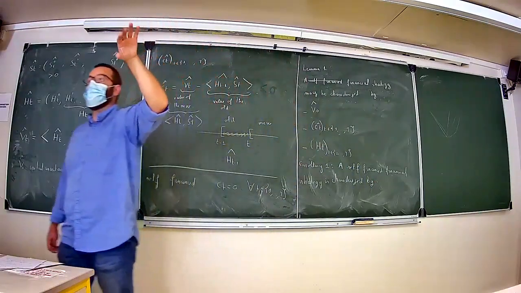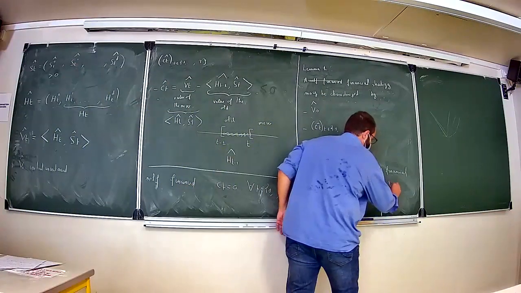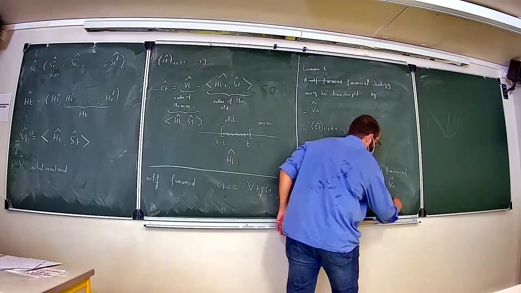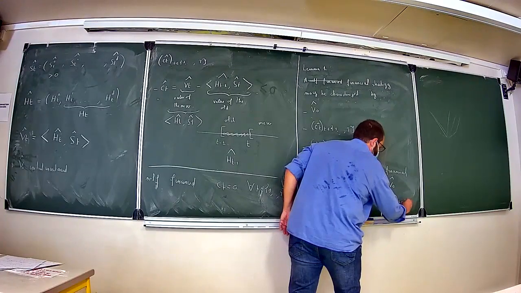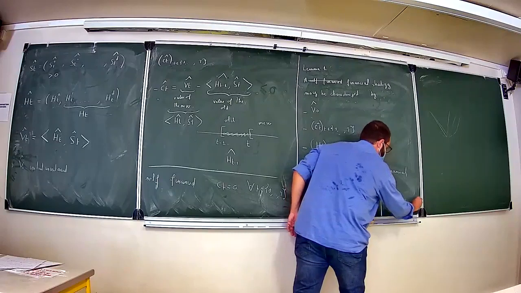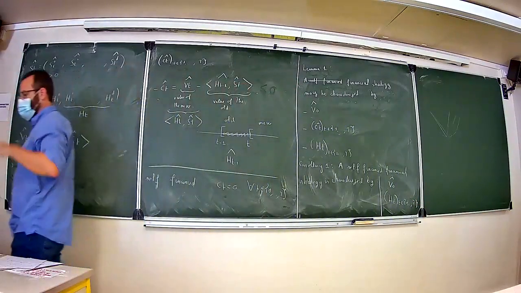So I can remove it from the previous characterization, and I just need the initial investment and the quantity of risky assets. My initial investment and my quantity of risky assets.